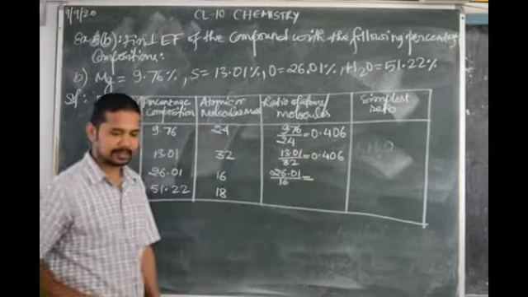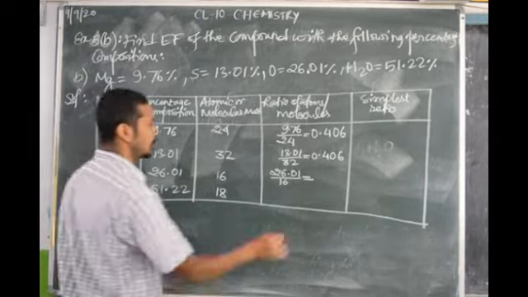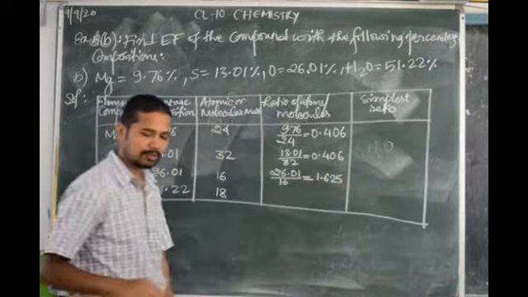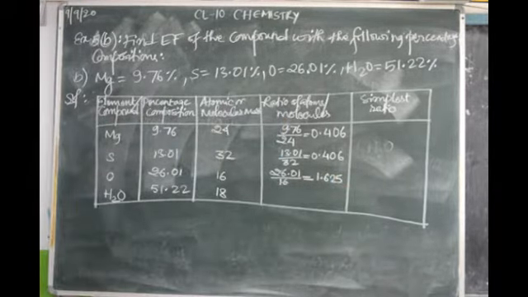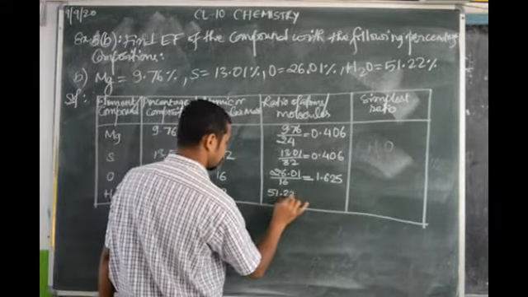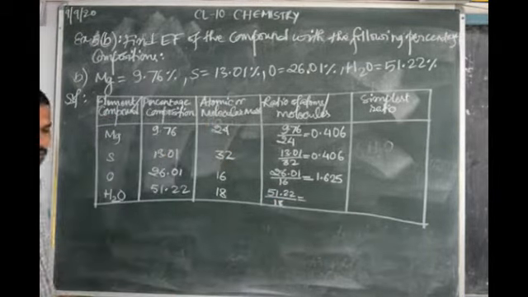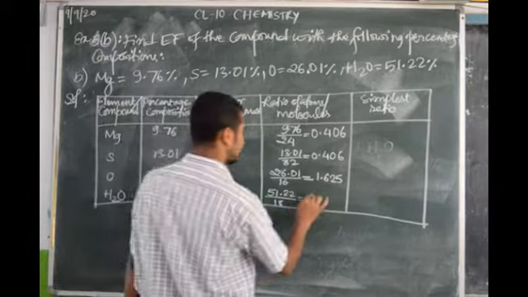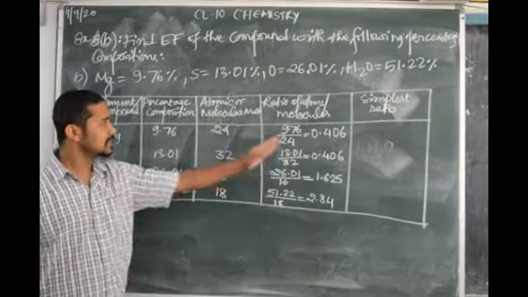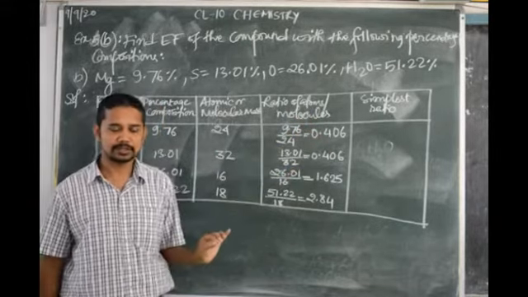Here you will be getting 1.625. And here 51.22 divided by 18, and you will be getting 2.84. Okay. These are the ratio of atoms or ratio of molecules.